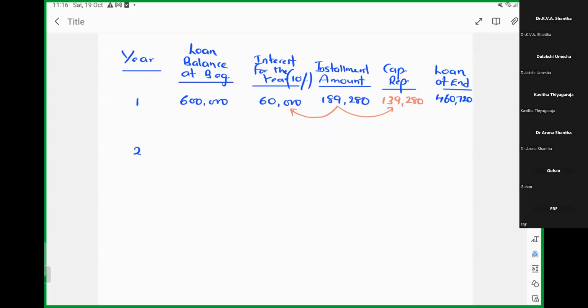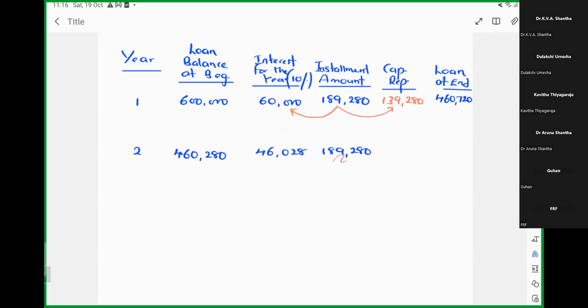So that becomes the beginning balance in the second year. Interest 10% of this is 46,028. Installment is the same, 189,280.